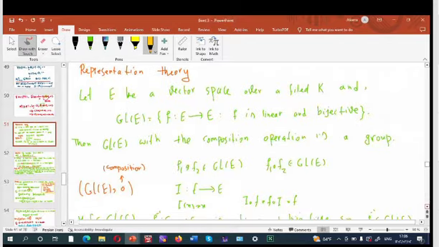Now we see that for any g and h in G, ρ_G(gh) equal to ρ_G(g) ∘ ρ_G(h).